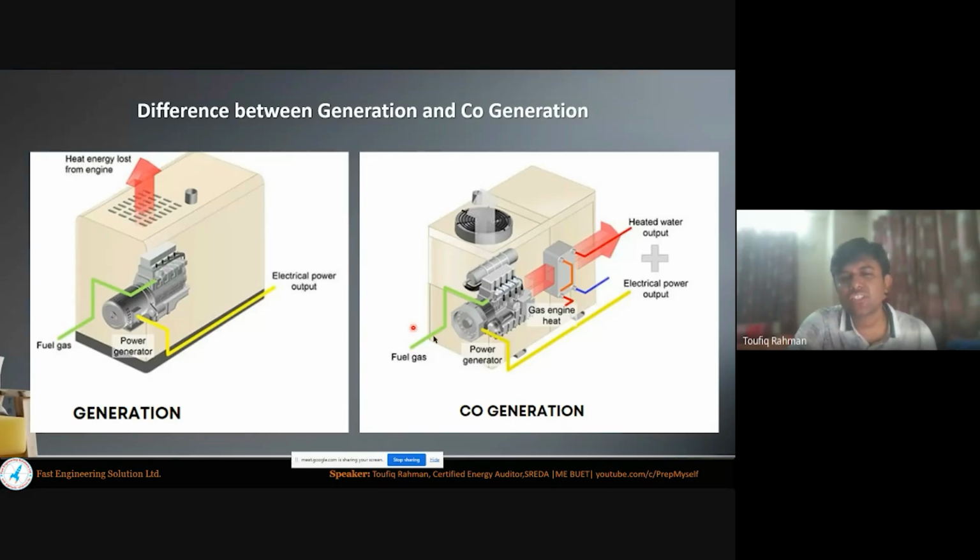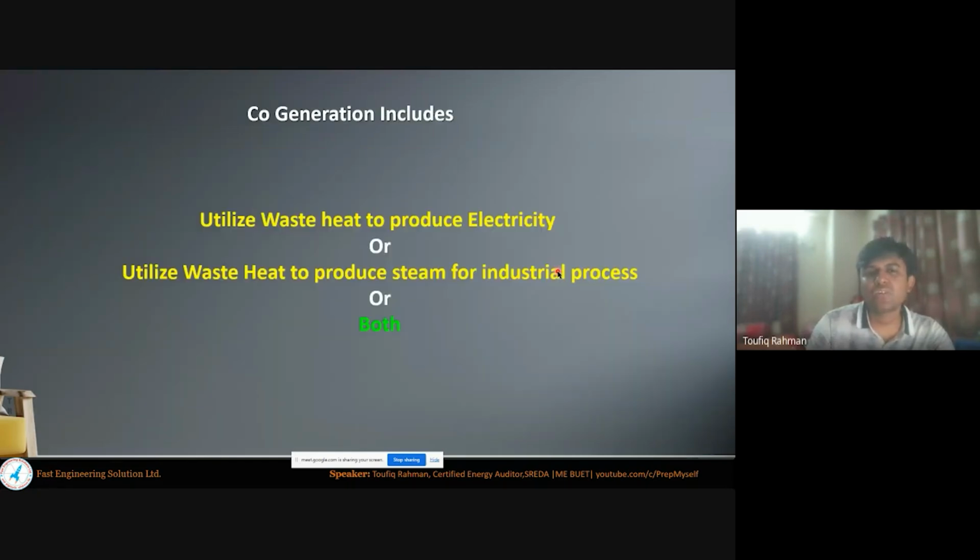So in the cogeneration system, we have to use the heat energy from the generator, producing electrical power or steam, or other uses of the heat. So this is called the cogeneration system. A cogeneration system may include waste heat to produce electricity, or waste heat to produce steam or other industrial products, or both can be served.